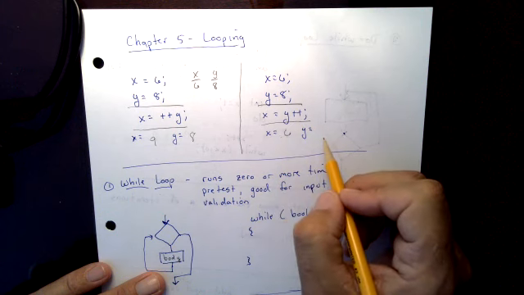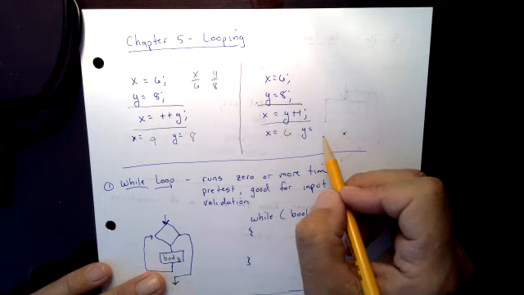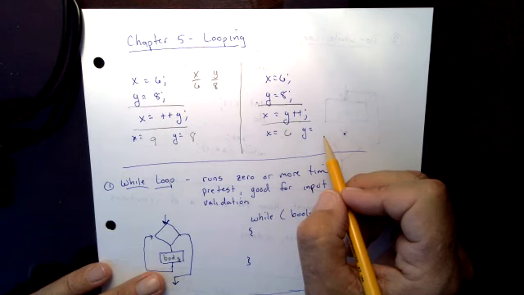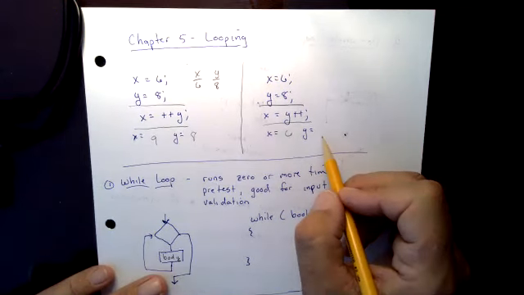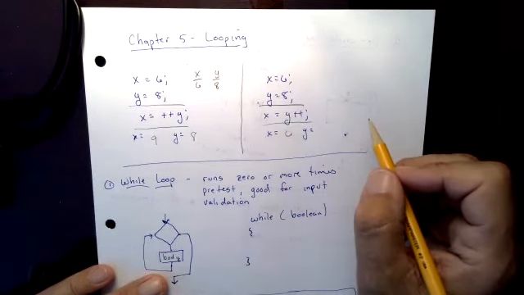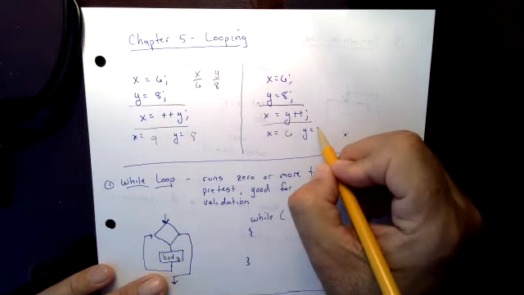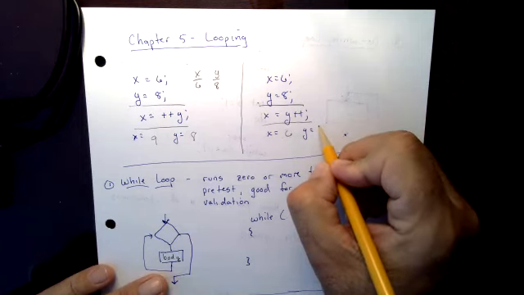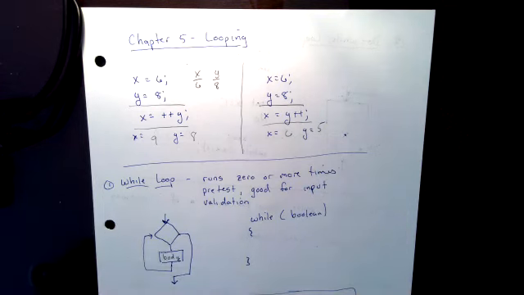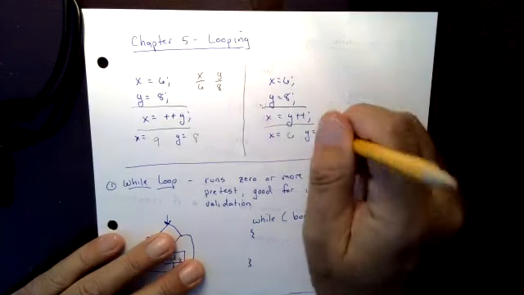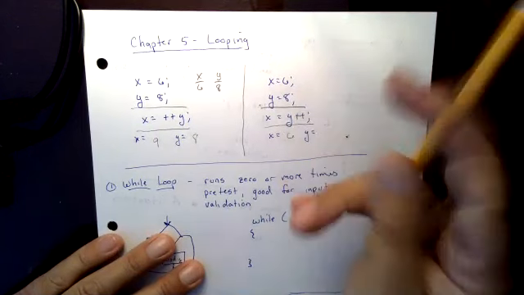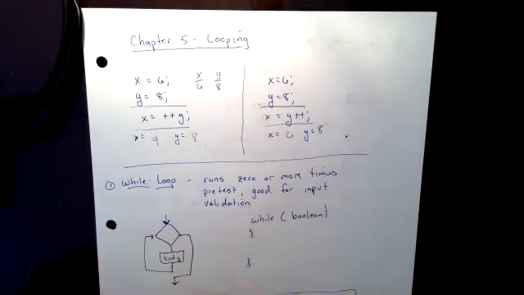Give me a Y. What do you think it is? 5? Yep. 8. You have one of the 4 correct.